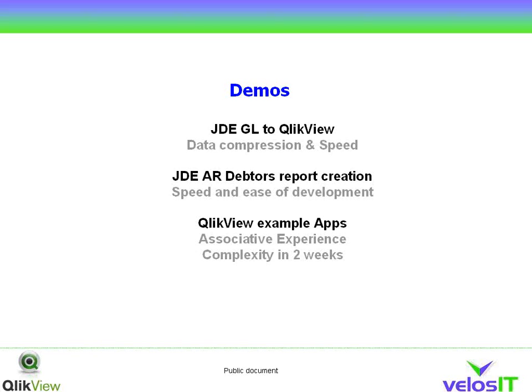And again, hopefully we'll be able to show the speed and ease that can be done. Given the time constraints, it's not a complex report, it's fairly basic, but hopefully it will demo what we're capable of. And then, time allowing, I'll show a couple of generic QlikView apps, which should highlight what's achievable from QlikView.